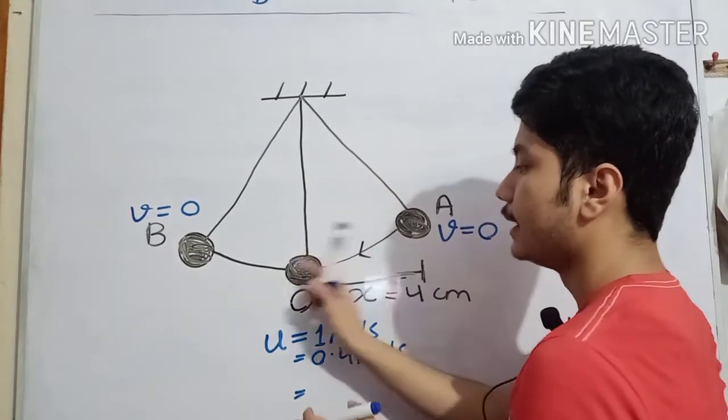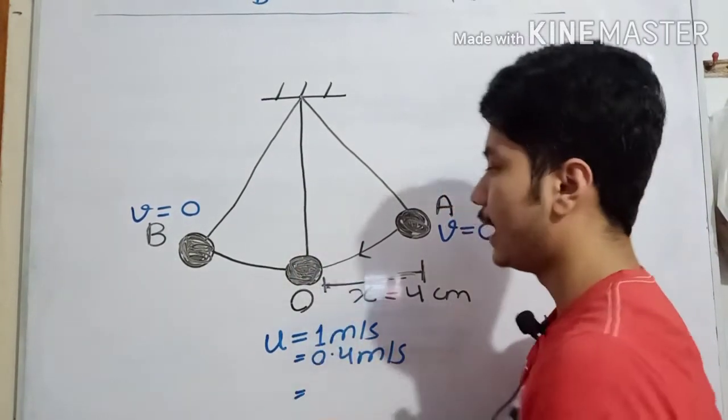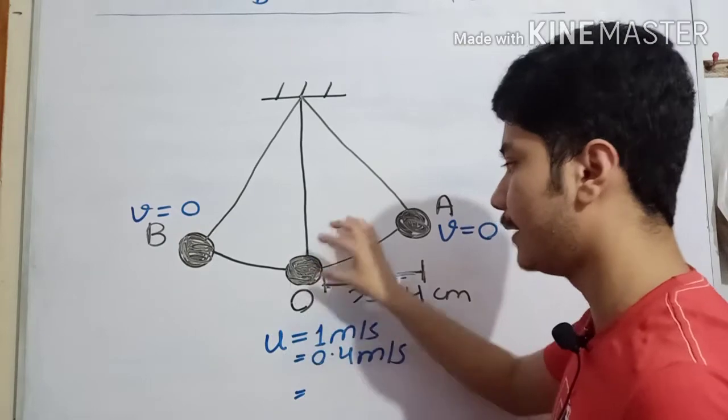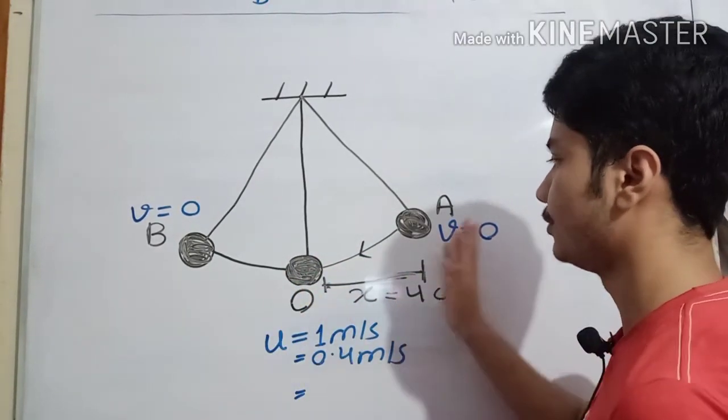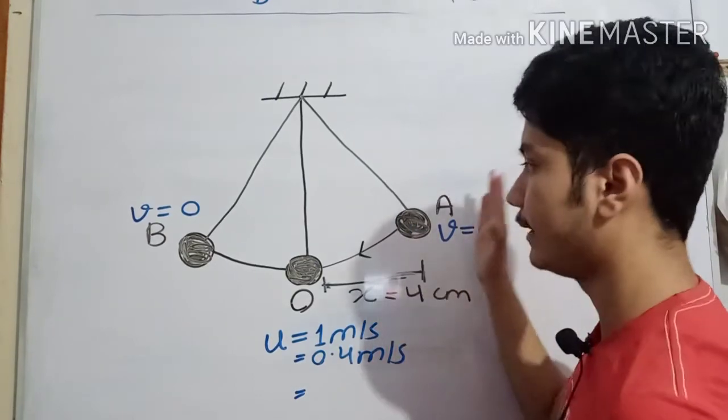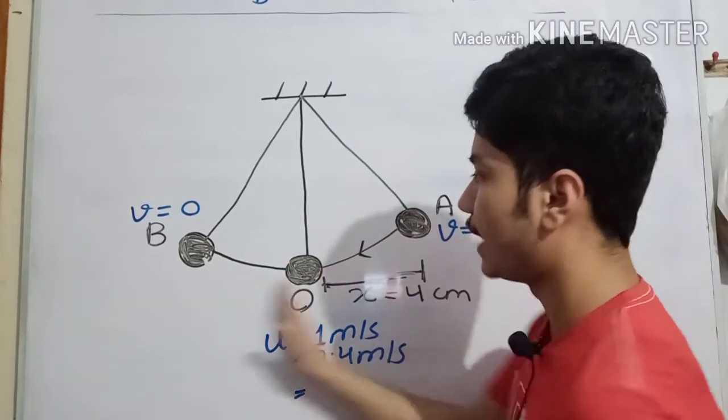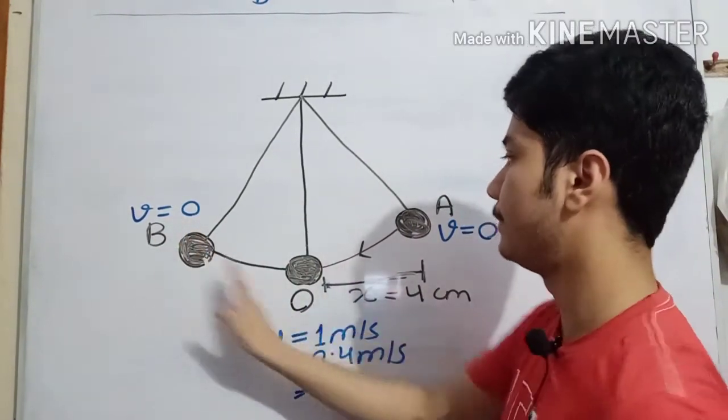Since it has velocity, it will again not stop, and it will continue its motion towards A, and like this it will vibrate, it will move periodically.